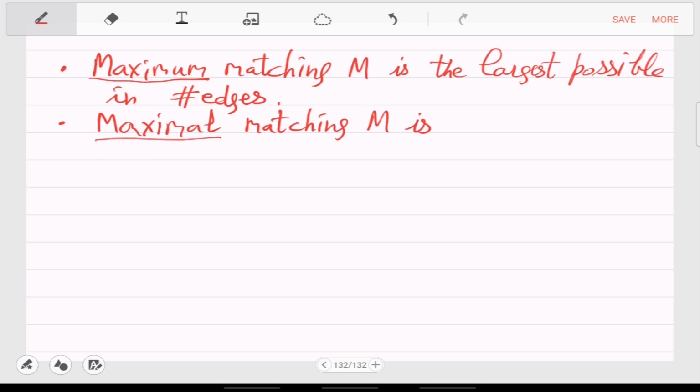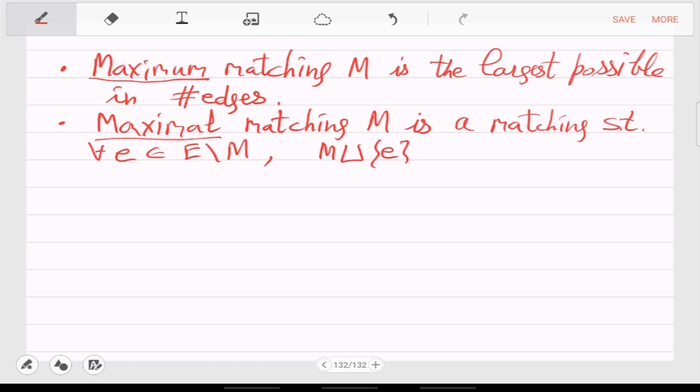So which means here is that a matching such that for all edges in E minus M, so for all the remaining edges, if you try to add this edge in the matching, what happens? Then it is no more a matching.